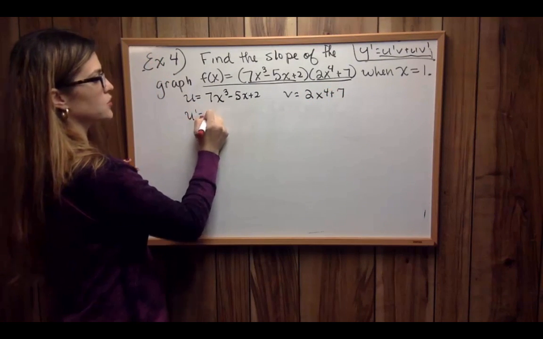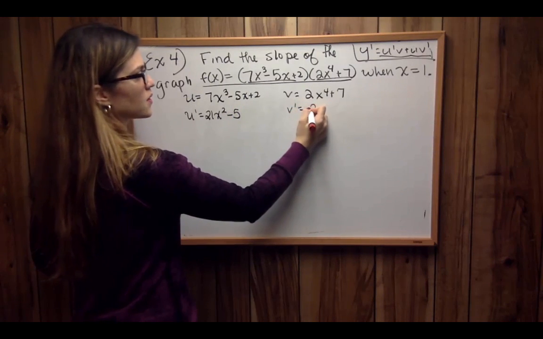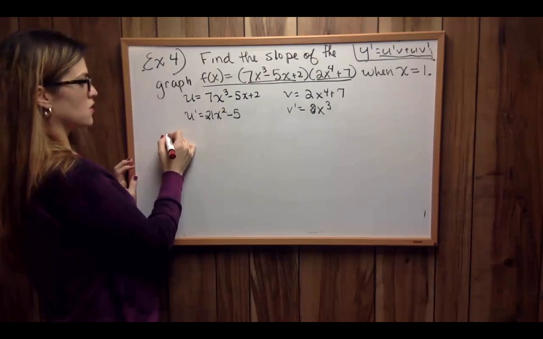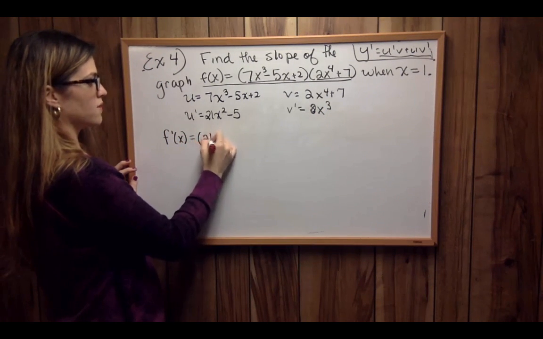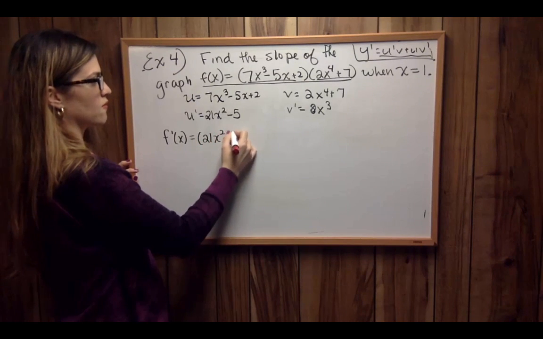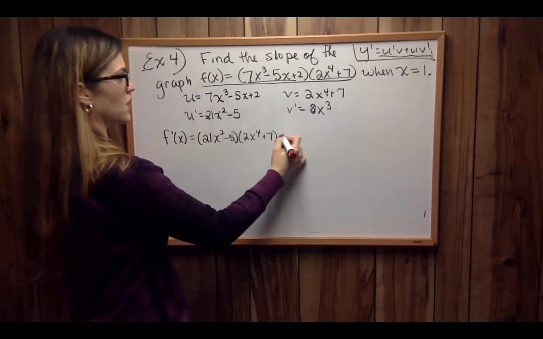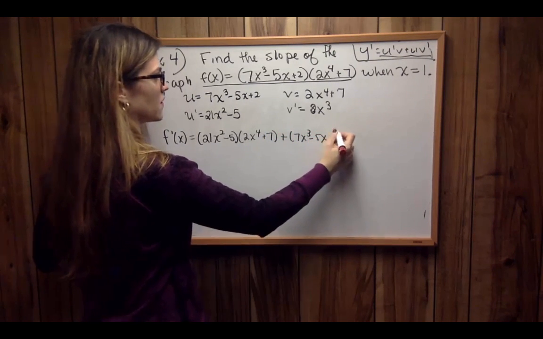U prime is 21x squared minus 5. V prime is going to be 8x to the third. So f prime of x is equal to u prime v plus u v prime.